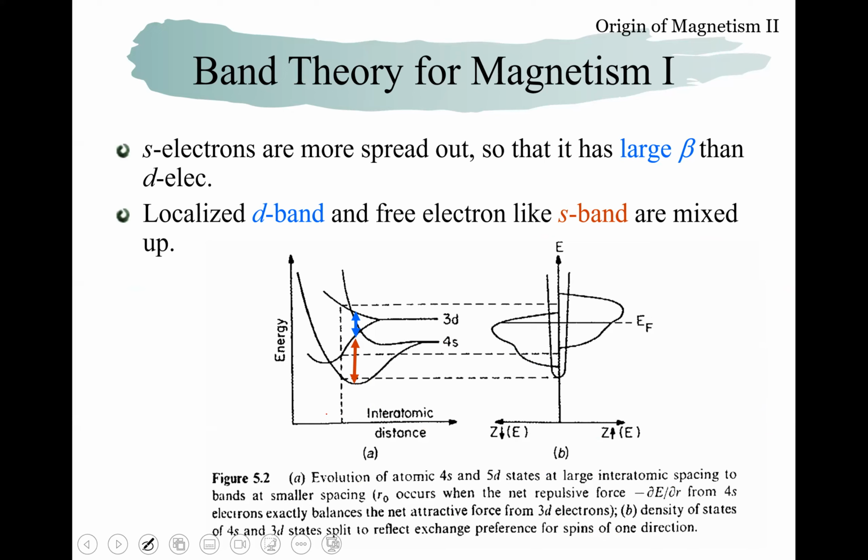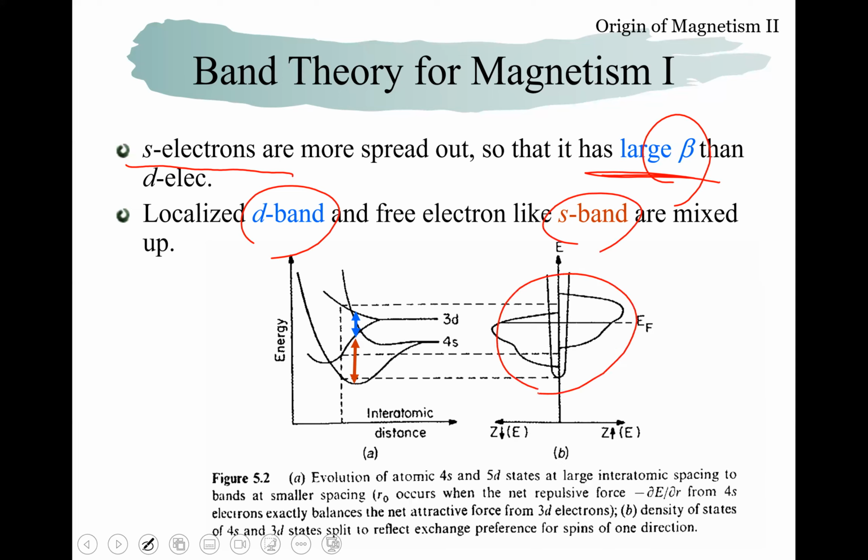Okay, so as I mentioned several times, the s electron is itinerant and more spread out, and usually has a large beta than the d electrons. The large beta means more easily hopping, so they can move around more easily. The d band is localized, and usually the s band is mixed up with it, so we have such band hybridization.